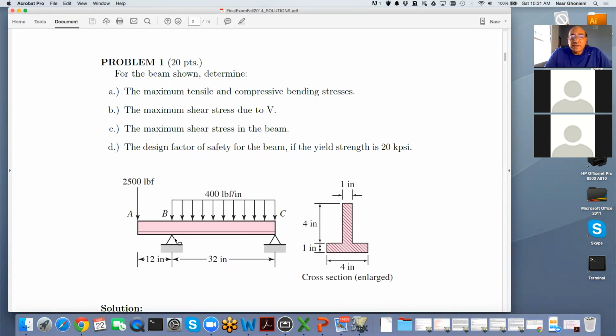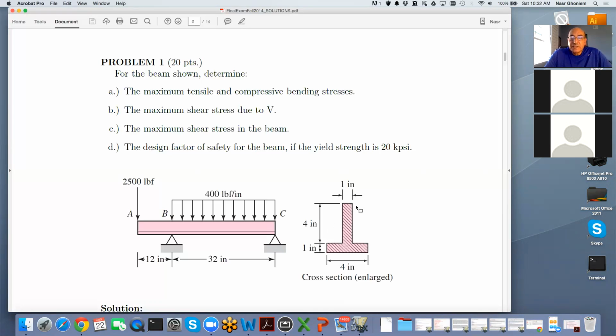Because you can calculate the reactions. You can calculate the moment distribution on the beam. Once we have the moment and the area properties, then we figure out where's the maximum moment. The maximum moment, we may have to do by inspection if we are smart enough to find it, or if we're not, then we just take the derivative and find where this maximum moment is, and then we design.